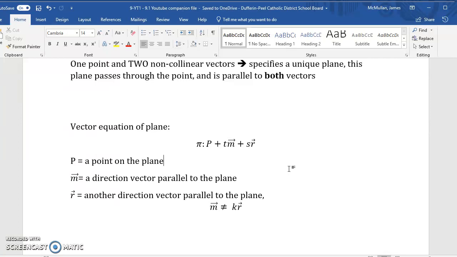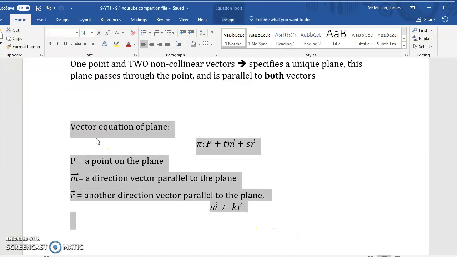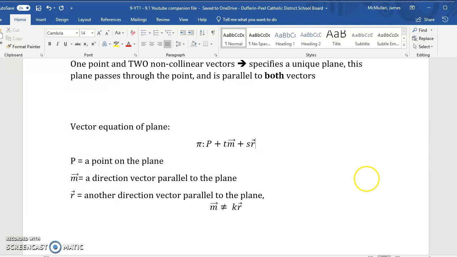There could be many planes that have a single point and a single vector, because we know a single point and a single vector make a line, and a line is like the axle of many planes, right? But two vectors that are non-collinear with a third point create a plane. This is essential information. The vector equation of a plane here, understanding this is really important.